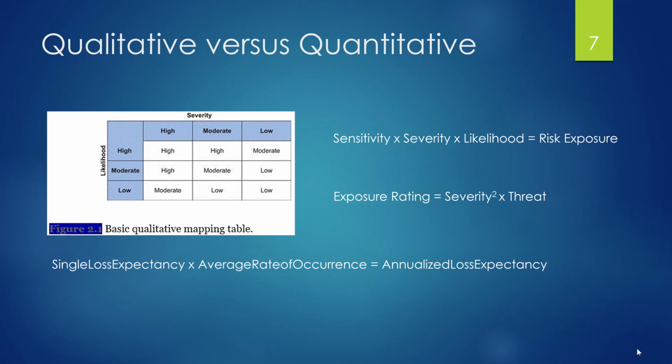If we can map the likelihood and severity, which we talked about earlier, in some type of a formula, and you see a couple of different formulas there for calculating things, then even in this simplistic way of a qualitative mapping, you can start to say, why don't we focus on things that have a high likelihood and a high severity, and we'll ignore, at least for the moment, those things that have a low likelihood and a low severity, and then we'll have to make some decisions for those things in between. But this gives you a simplistic evaluation system for doing that.